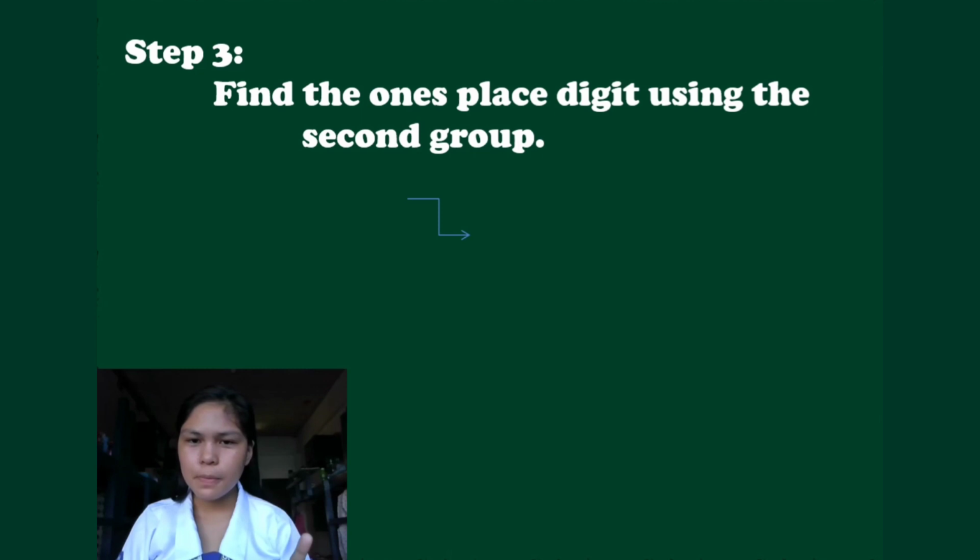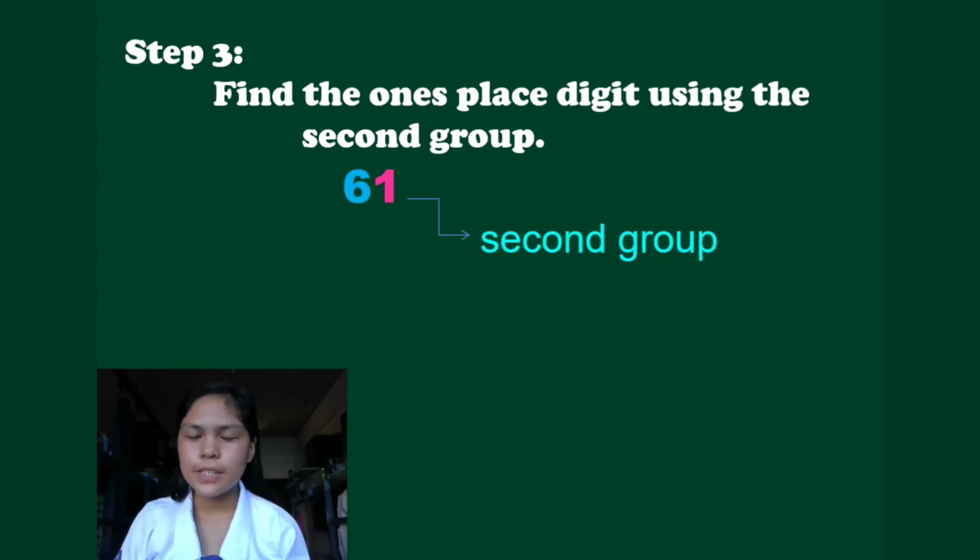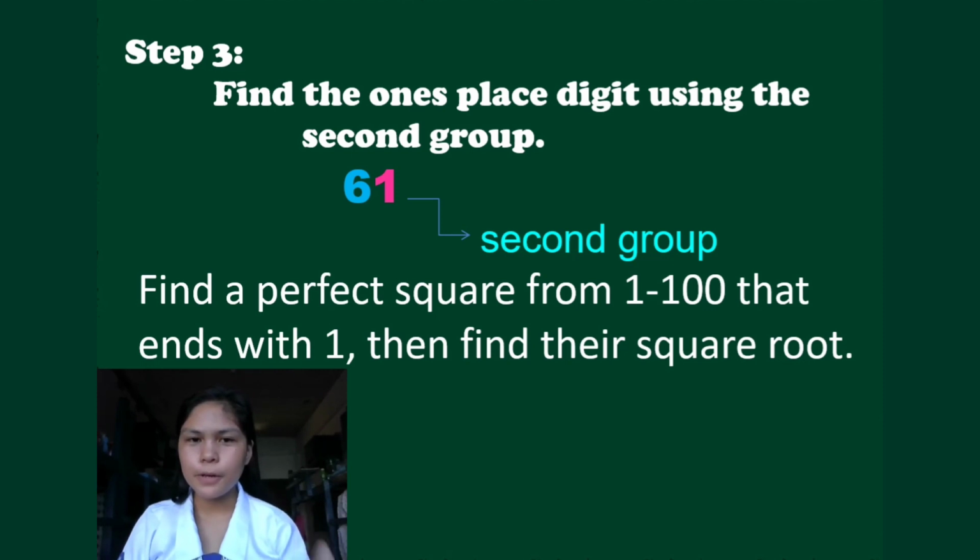Our third step is to find the ones place digit using the second group. So we have 61 as our second group. So what will we do? We have to notice the last digit number, so it is number 1. And then we have to find a perfect square from 1 to 100 that ends with 1. So we have 1 and 81.